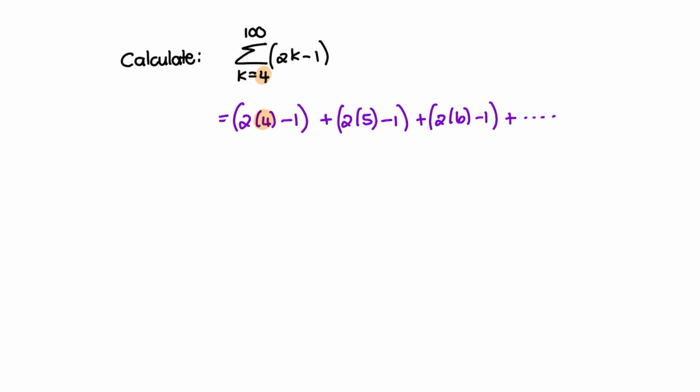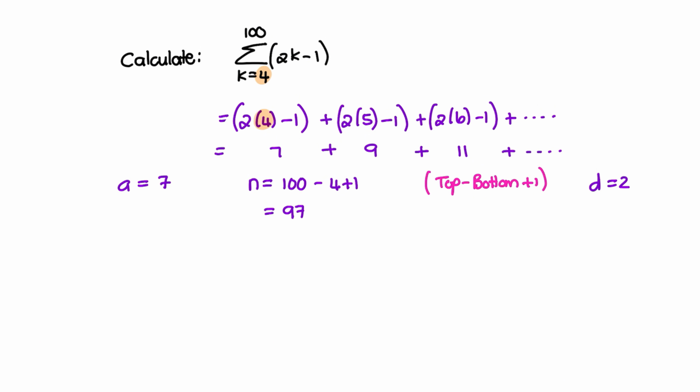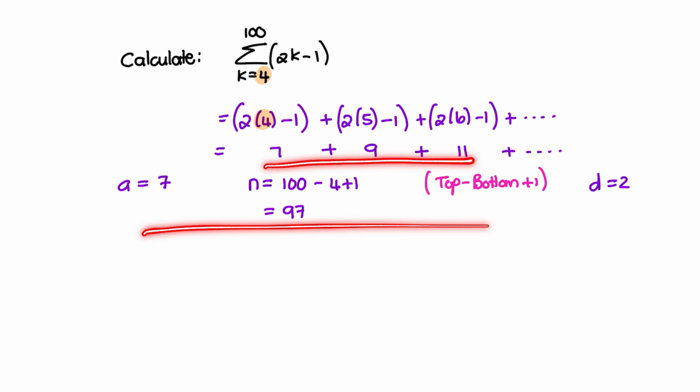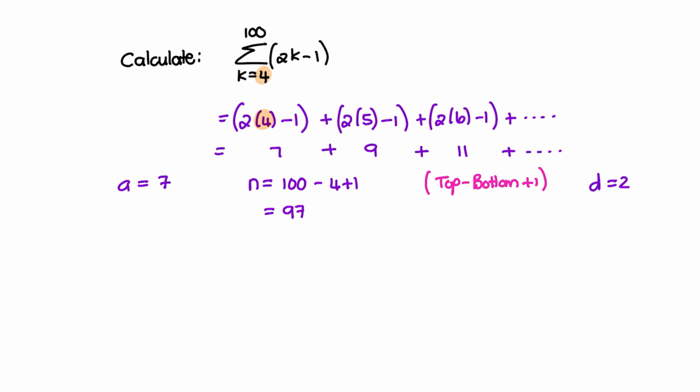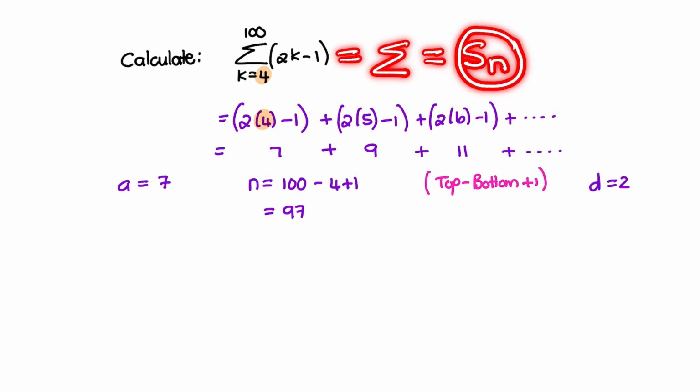Now, can you see if I expand like that, I'm going to have quite a few terms that I need to add up or simplify. But there is a shorter way to approach this calculation. So sigma means the sum of. And in previous videos, we explained what Sn is.